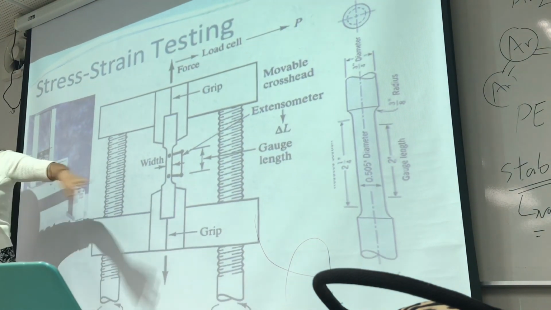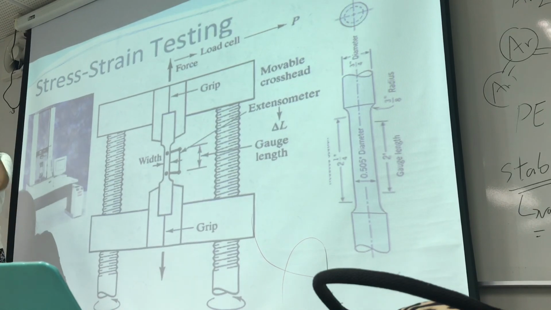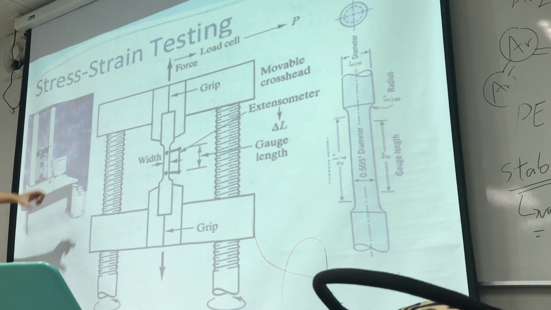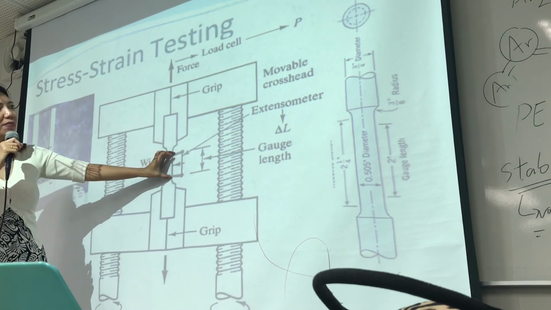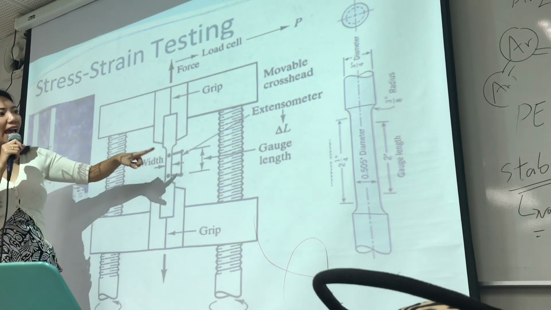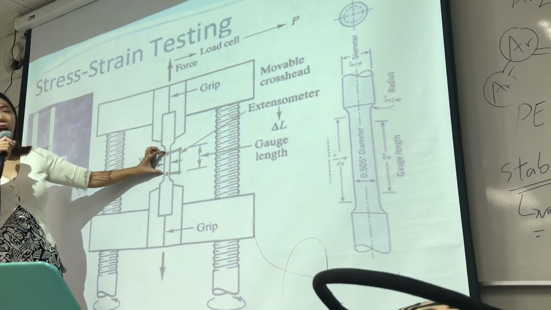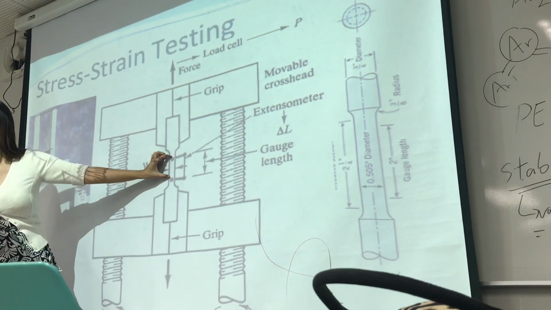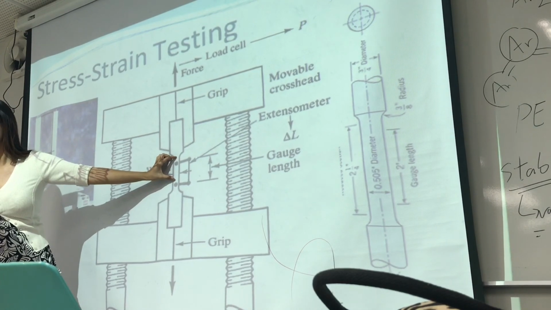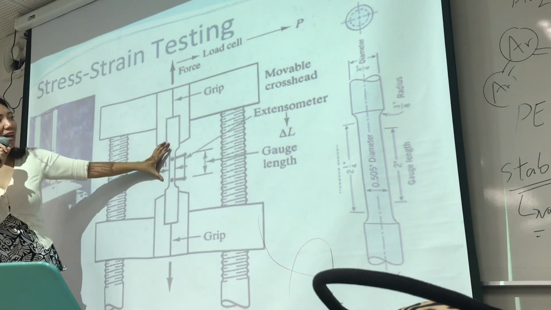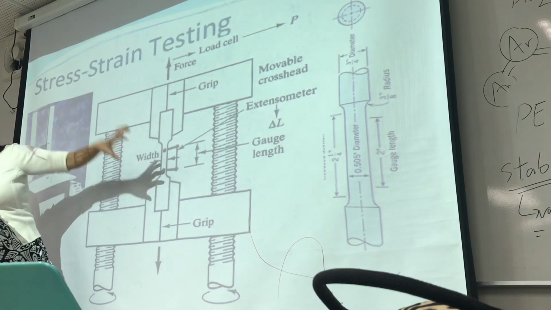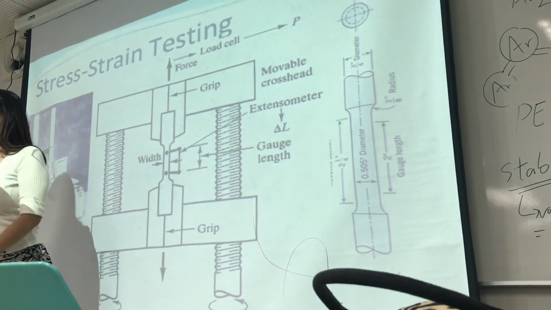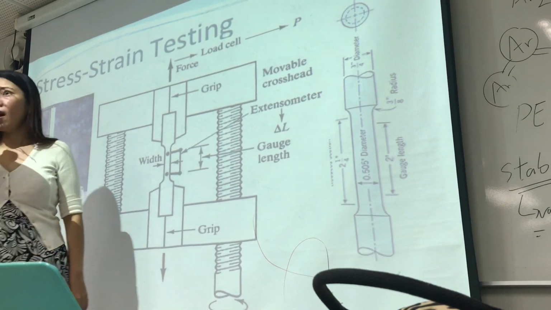Since you already know the area, you know the stress. How about the strain? There is a strain gauge or extensometer. First, they have the gauge right here and they know how far apart the marks are. Then as we start pulling, there's a sensor to measure the length as it gets longer.